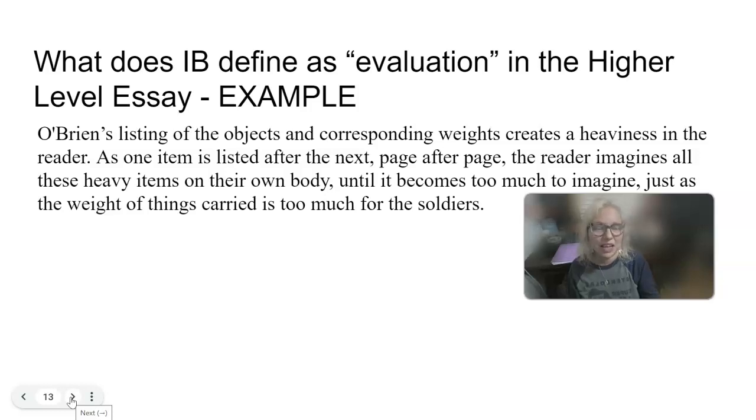So instead of it making us sympathize or feel sorry for the soldiers or understand their plight, we're going to go a step farther and say it makes us understand that it's too much to carry. It's a heaviness that is created. That is the specific feeling we get from the listing.